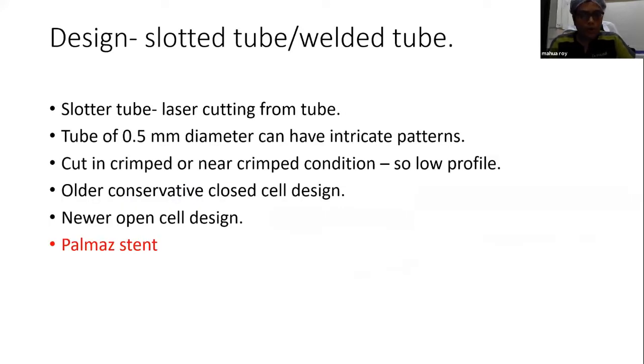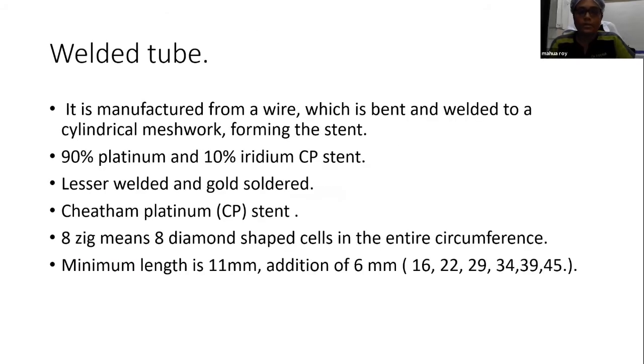What does it mean by slotted tube or welded tube? Slotted tube means a desired length of the stent is cut by laser from a long tube. The prototype is the Palmer stent. What does it mean by welded tube? It is manufactured from a wire which is bent then welded. The prototype is the CP stent.